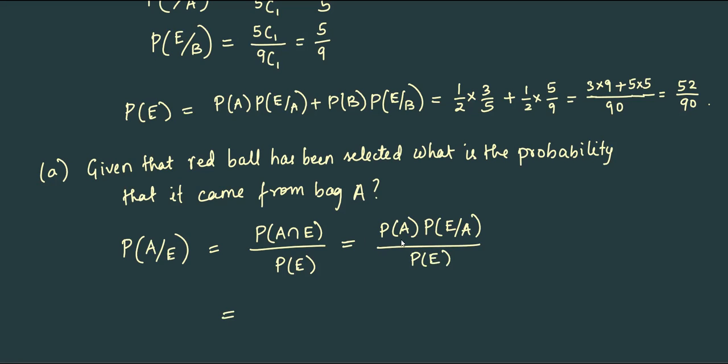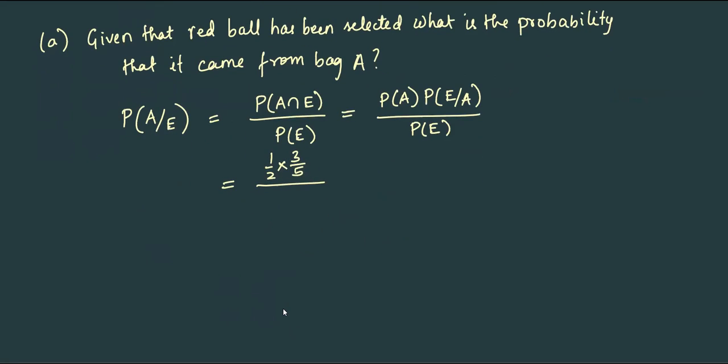So probability of A is this one. This is half into 3 upon 5 by 52 upon 90. So this is 3 by 10 into 90 by 52.